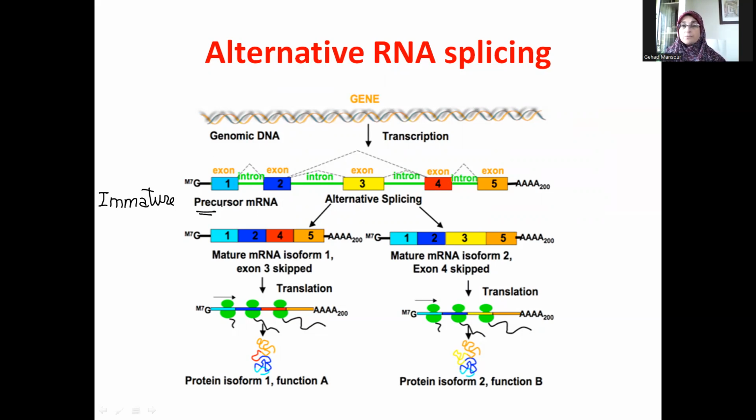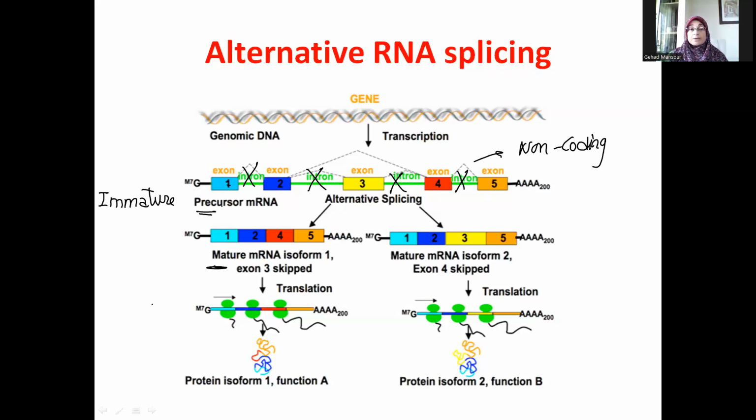Because it is going to give rise to the mature messenger RNA. If we think straightforwardly, we would remove all the introns because they are non-coding, and keep all the exons because they are coding. So we expect the mature messenger RNA to be made of 5 exons: 1, 2, 3, 4, 5.